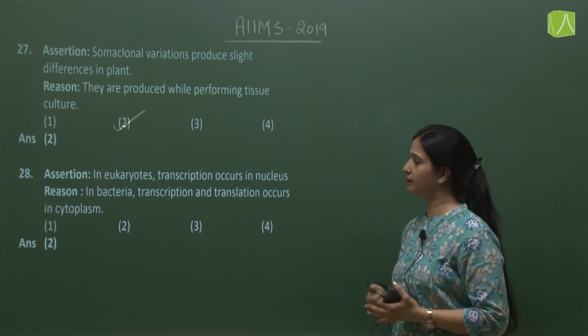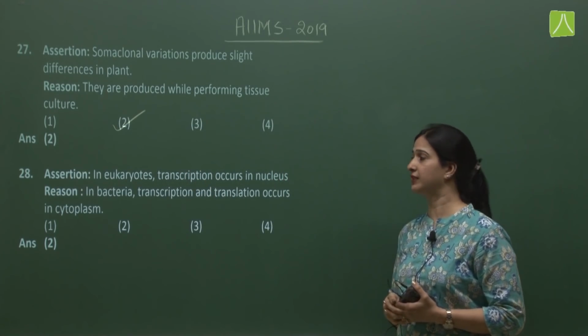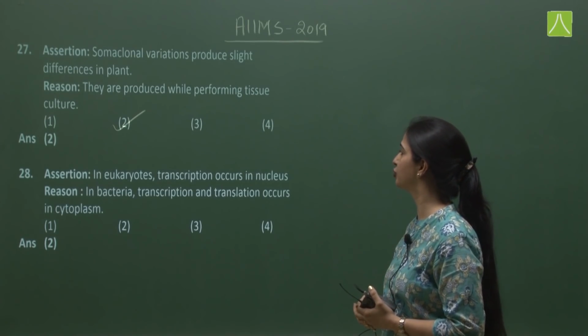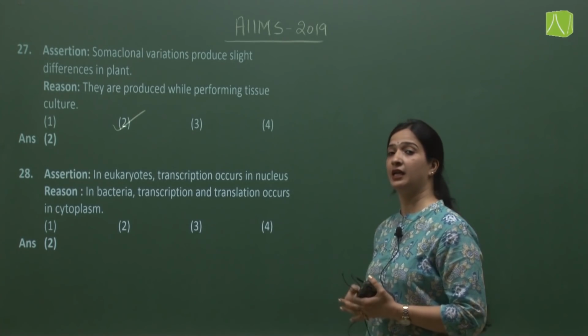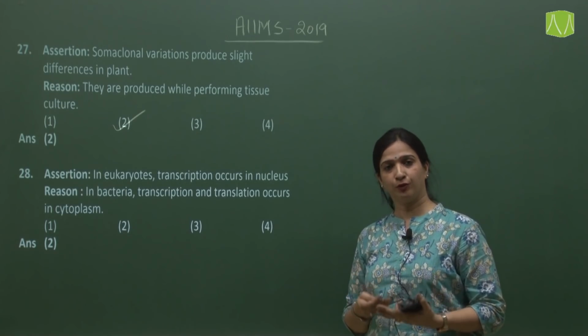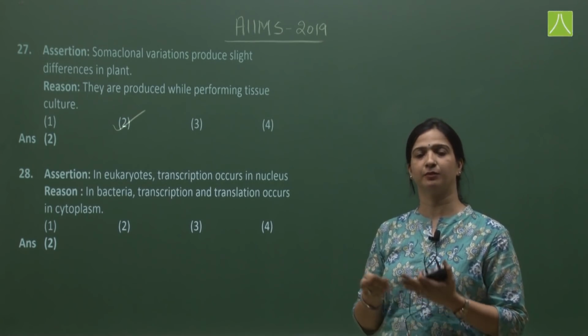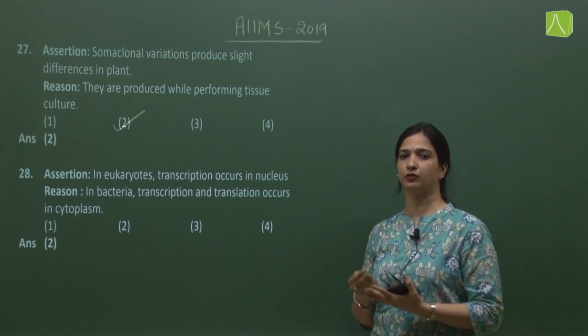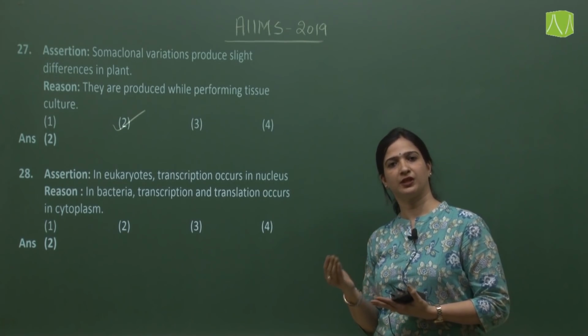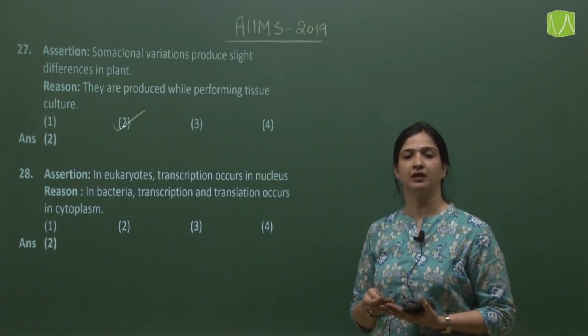Now let us see question number 28. Here the assertion given is, in eukaryotes, transcription occurs in the nucleus. In the case of eukaryotes, an organized nucleus is present. That is, the process of transcription will be carried out in the nucleus and the process of translation will be carried out in the cytoplasm.